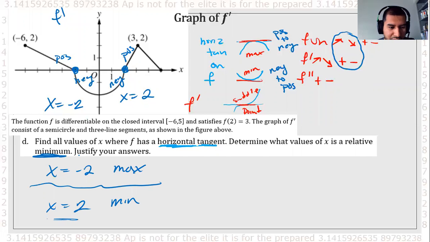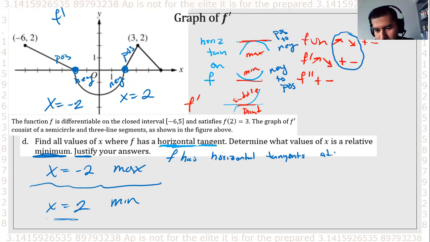It says justify, so let's write it nicely. f has horizontal tangents at x equals plus or minus 2, right? And then the second question is asking for a relative maximum and a relative minimum.